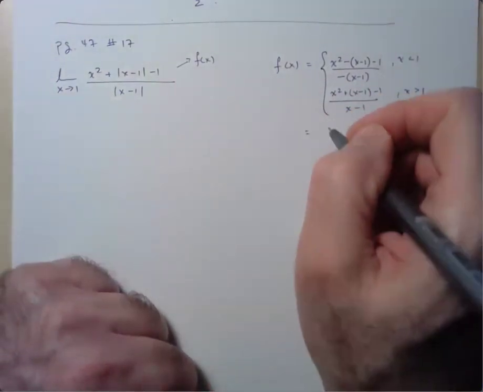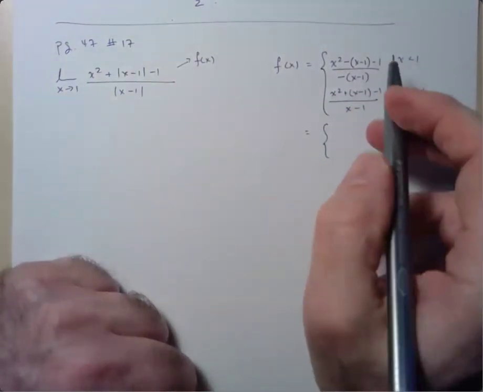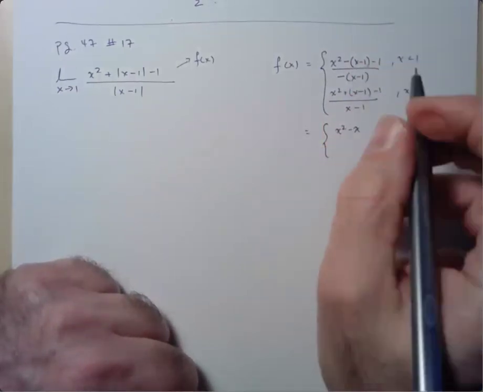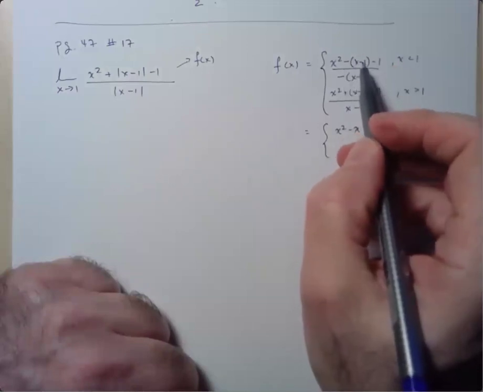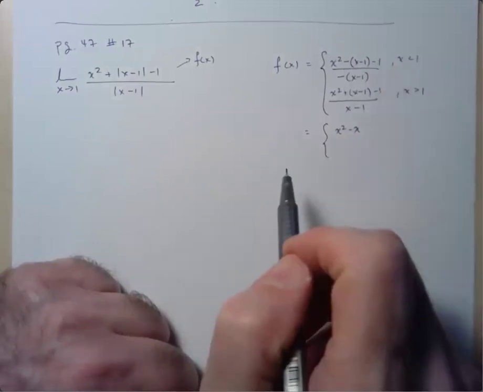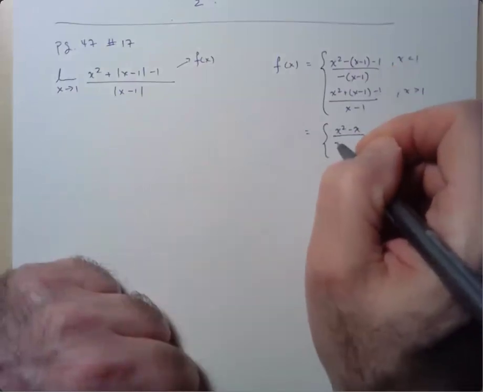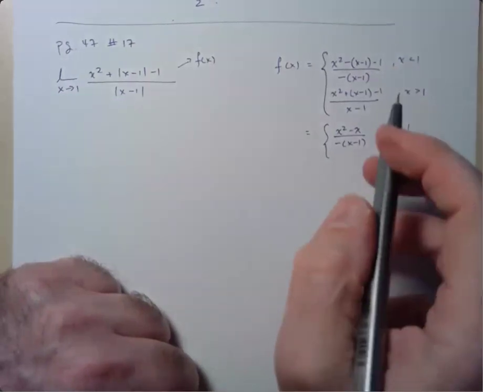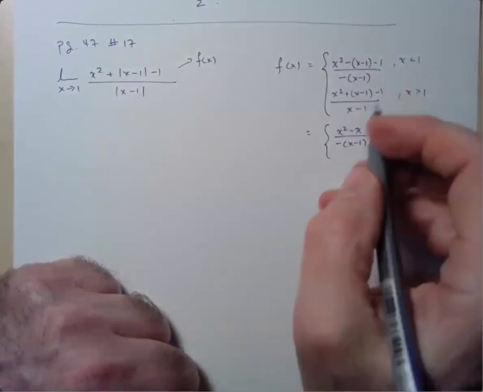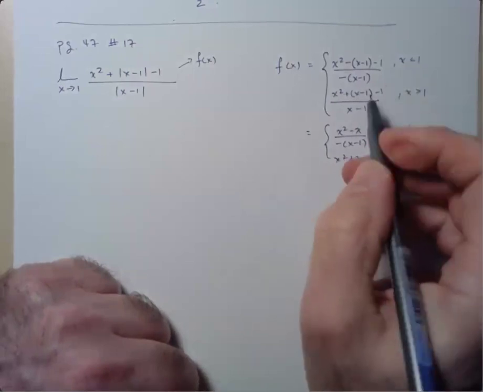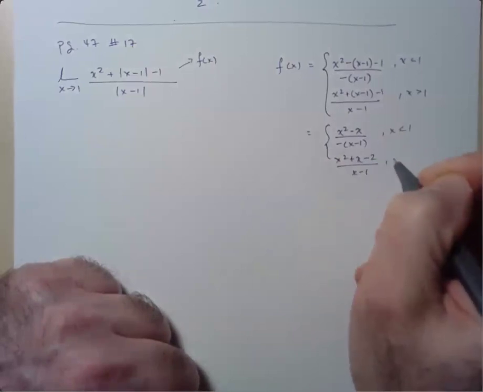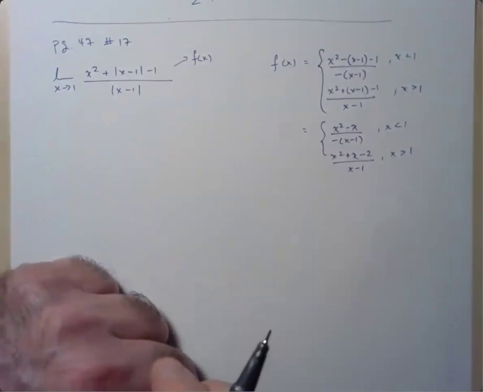Let's see what happens here. I have x squared minus x, and now positive 1 minus 1, so the ones cancel out. And here we have x squared plus x, and minus 1 minus 1 is minus 2, over x minus 1. But now there's clearly lots of factoring that can go on.